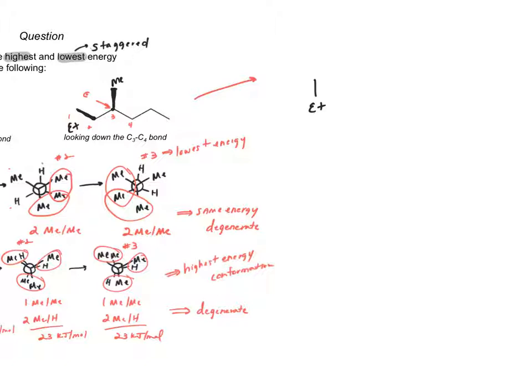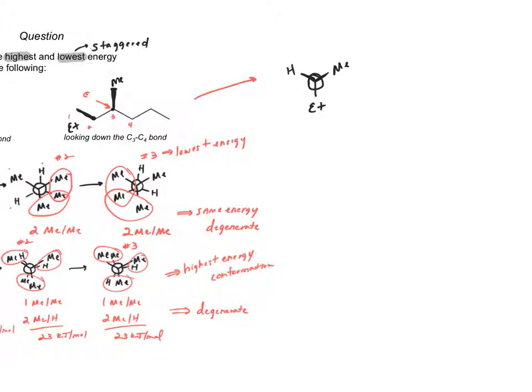So looking down this bond, that's going to be up and to my right. So this is a methyl. And then up and to my left is a hydrogen. So this is a methyl, and this is a hydrogen. And now that's my front carbon.